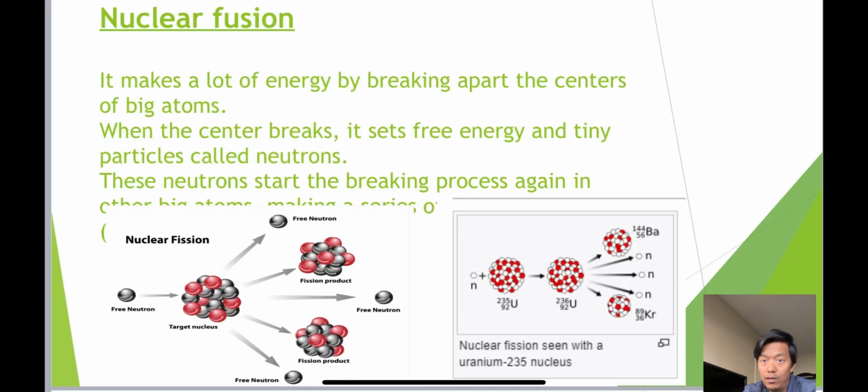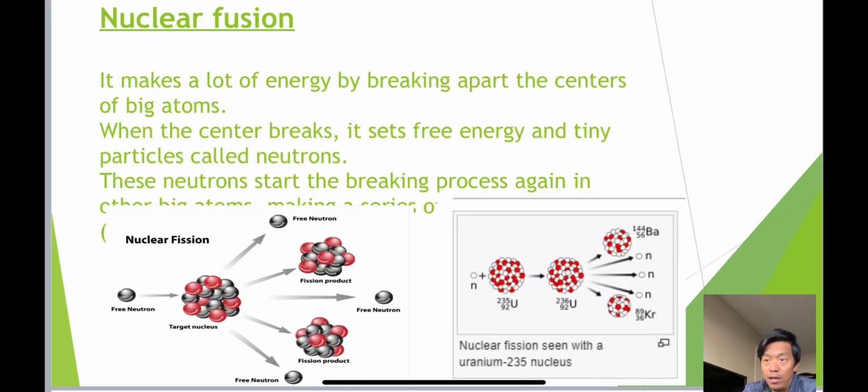We can see the target nucleus has been broken down into free neutrons and fission products. Breaking these from the center creates a maximum amount of energy. When the center breaks, it sets free energy and tiny particles called neutrons. These neutrons start the breaking process again in other big atoms, making a series of reactions happen, which is also known as the chain reaction.